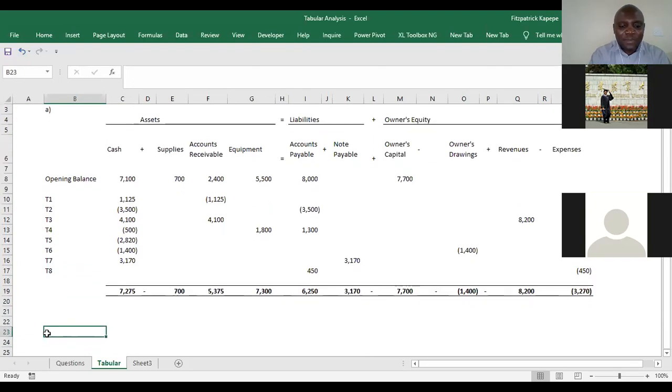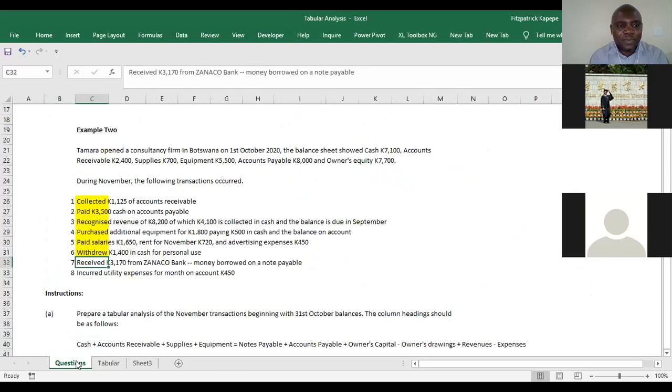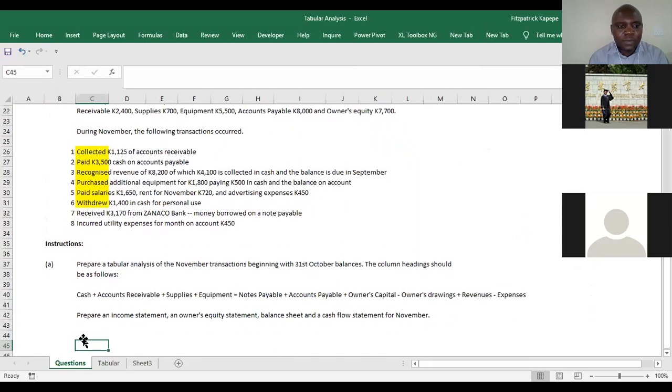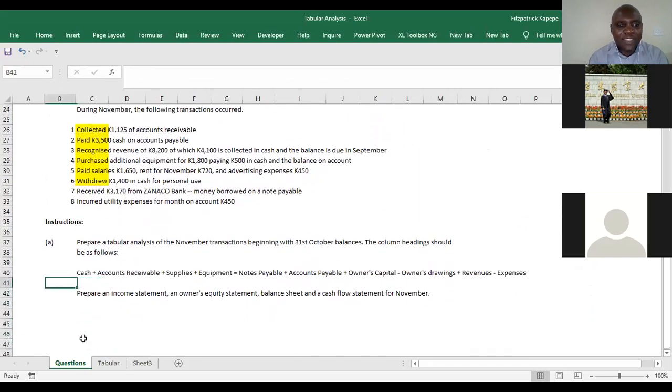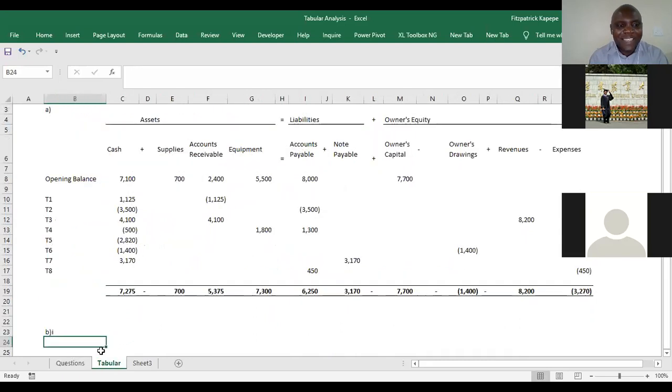So we go to B. Under B, I think we start with B1. B1 was: prepare an income statement. So we start with the income statement. Very easy.